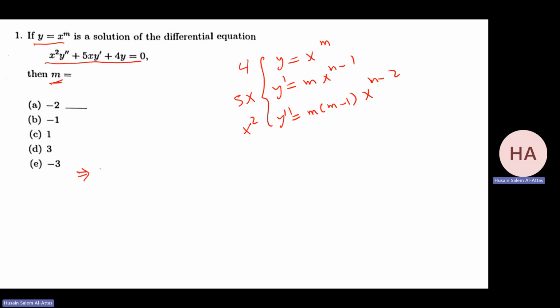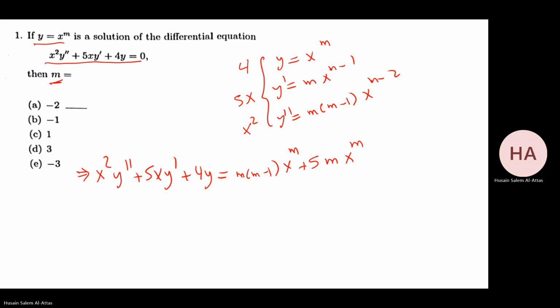So I have x squared y double prime plus 5x y prime plus 4y, which should be equal to what? X squared times this gives m times m minus 1 x to the power m. Plus 5x, so I have plus 5m x to the power m, since it's x times x to the power m minus 1, plus 4 x to the power m.